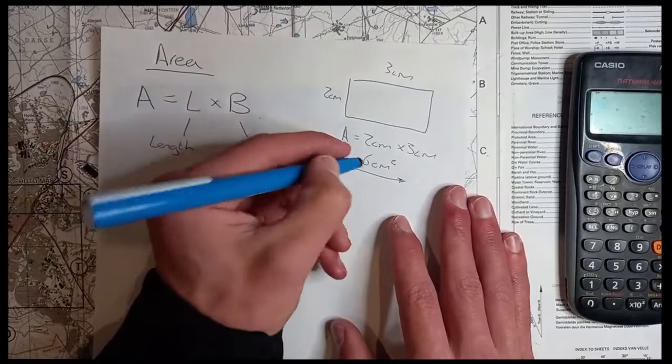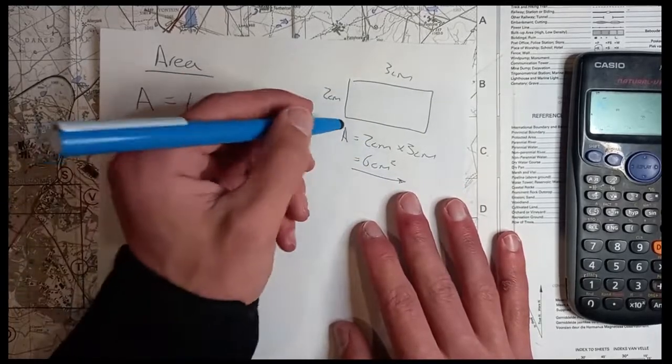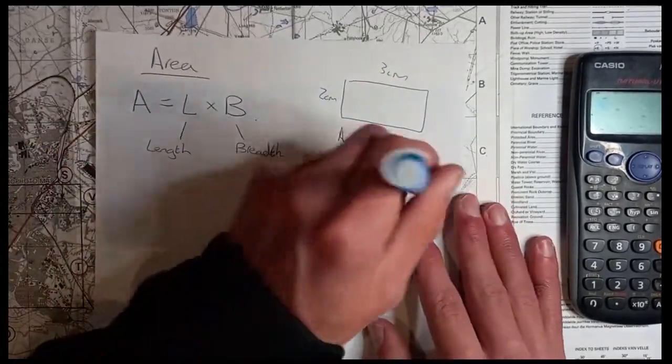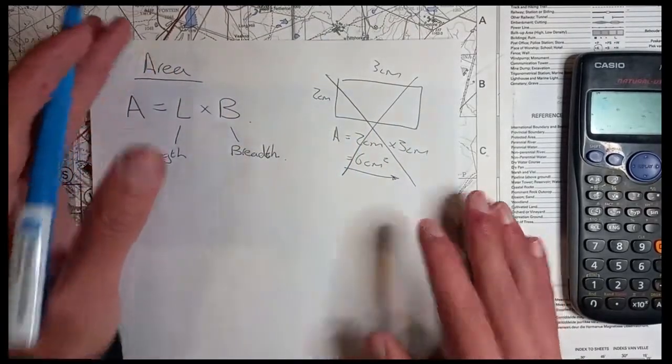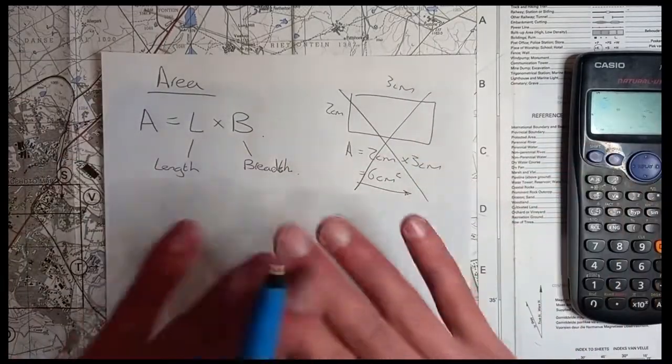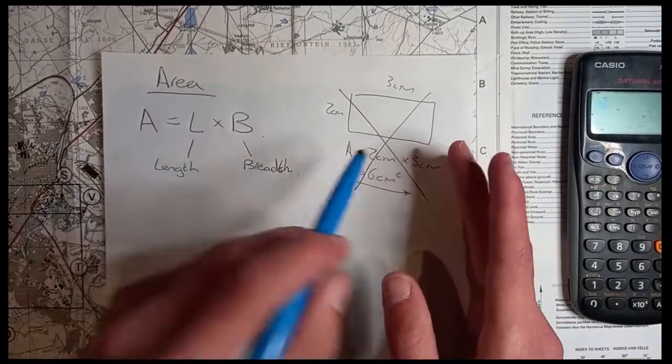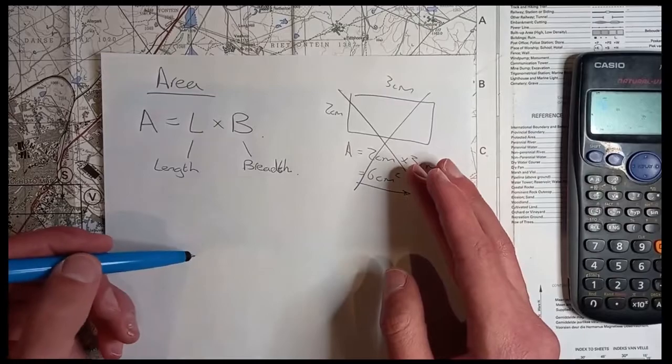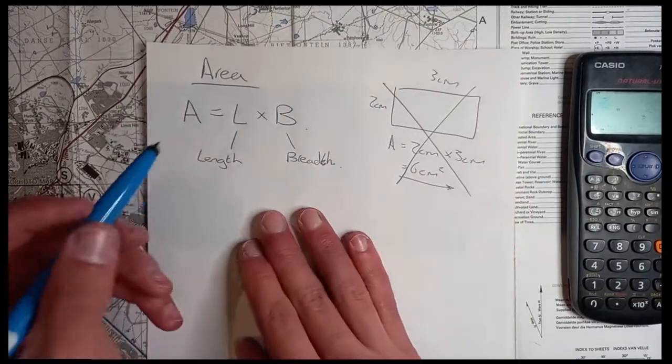But this is what you do in math. In geography, forget math. Math does not count in geography. Yes, your timesing, your numbers, all of that works, but the rules that apply in math do not apply in geography. So in geography, you would say length times breadth.